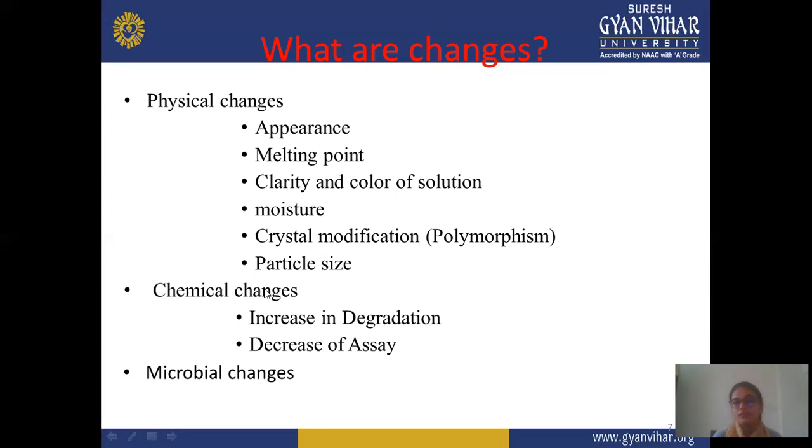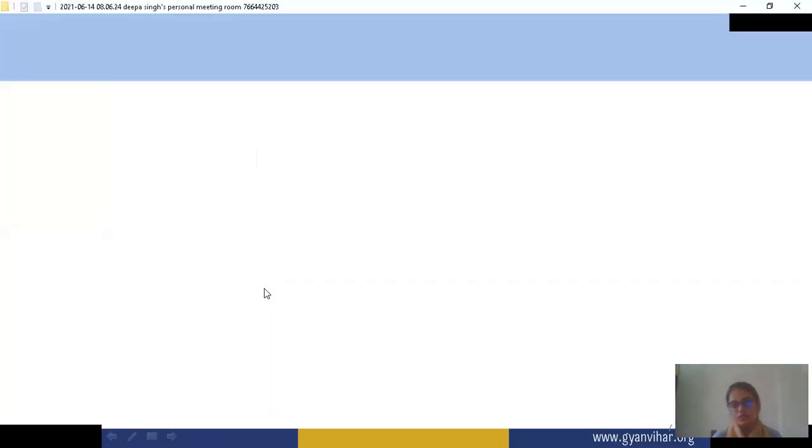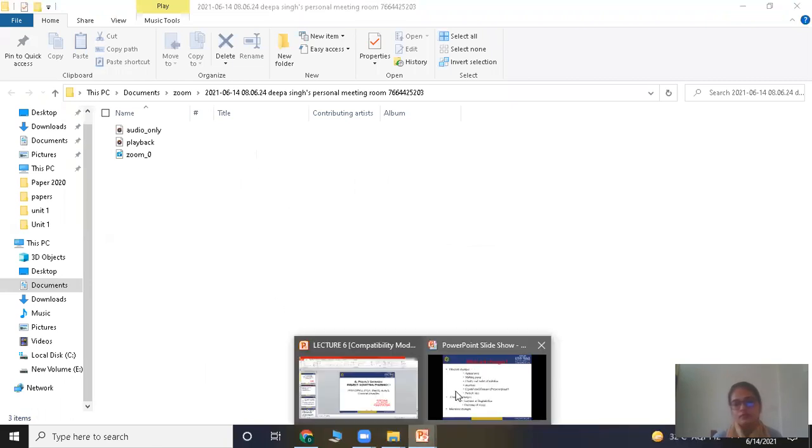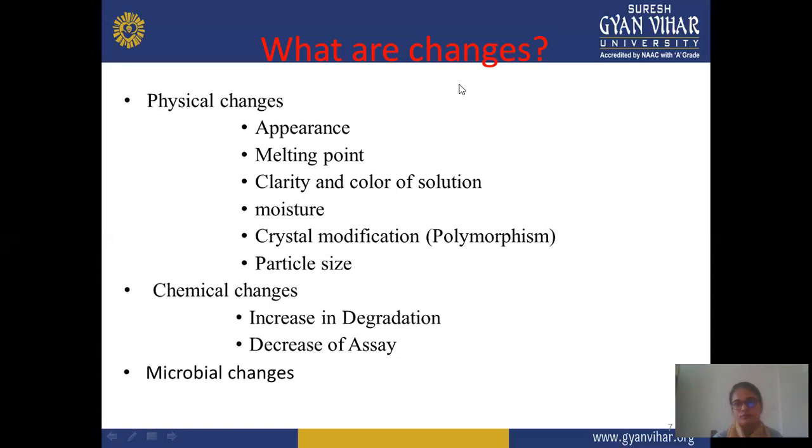Next is color and clarity of the solution. Color and clarity of solution is not for all types of formulation, but certain liquid formulations or semi-solid formulations require this test. Suppose you're preparing a gel and the gel is a transparent clear solution. So you check the clarity and color of the solution, and you prepare a semi-solid gel-like formulation.